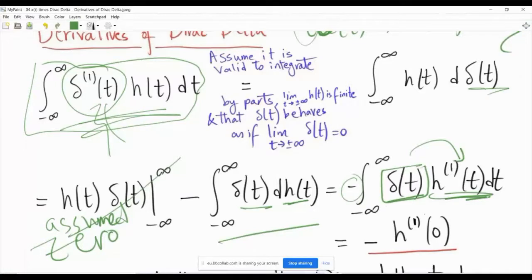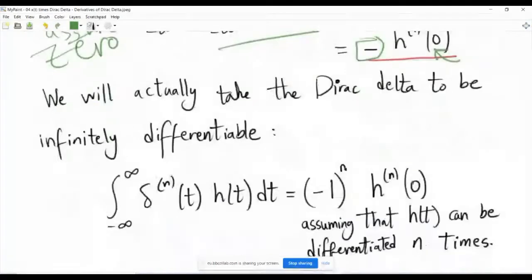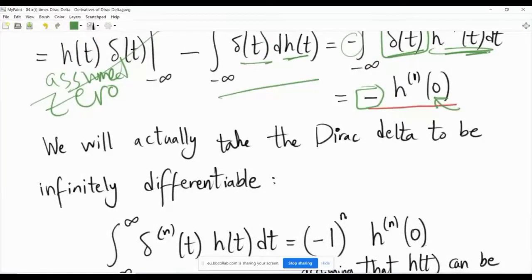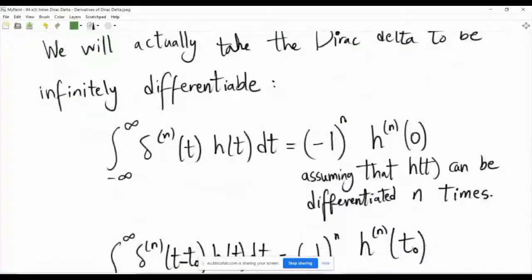So this will give you minus the first derivative of h of t, assumed to be differentiable once, at 0. We can take this to be a rule: the impact of the first derivative of the Dirac delta with a function under the integral sign is negative the first derivative of the function evaluated at 0. You can push this to any order of differentiation, assuming you can repeatedly do integration by parts.